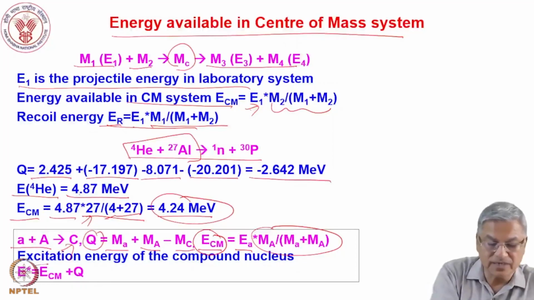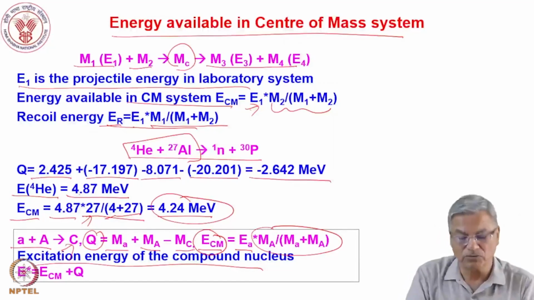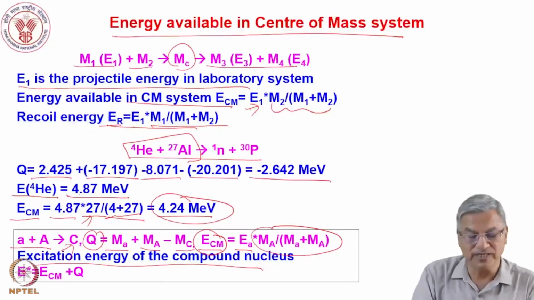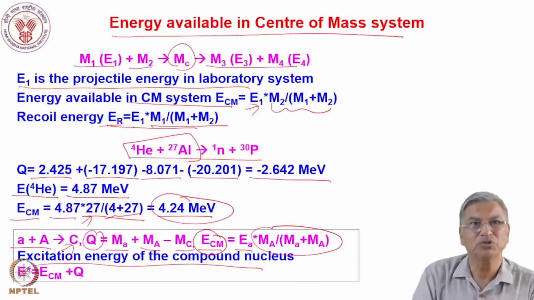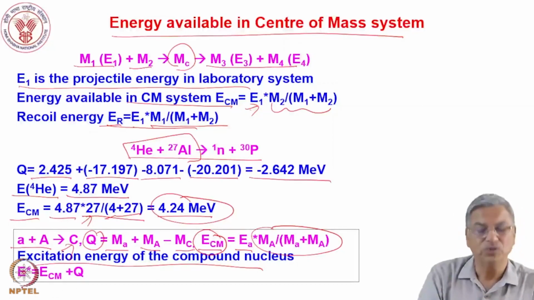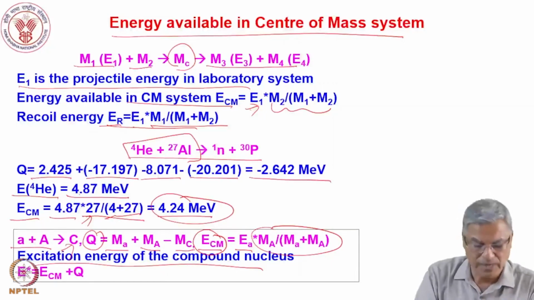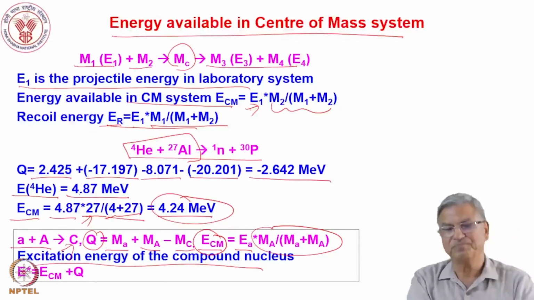So the excitation energy of the compound nucleus: the compound nucleus, let us say phosphorus 31 in this particular reaction, will be formed with an excitation energy of ECM plus Q. Whether the Q value is positive or negative is immaterial. The compound nucleus will have excitation energy E star equal to ECM plus Q. So that is the significance of the compound nucleus excitation energy, which is governed by the energy available in the center of mass system and the Q value of the reaction.